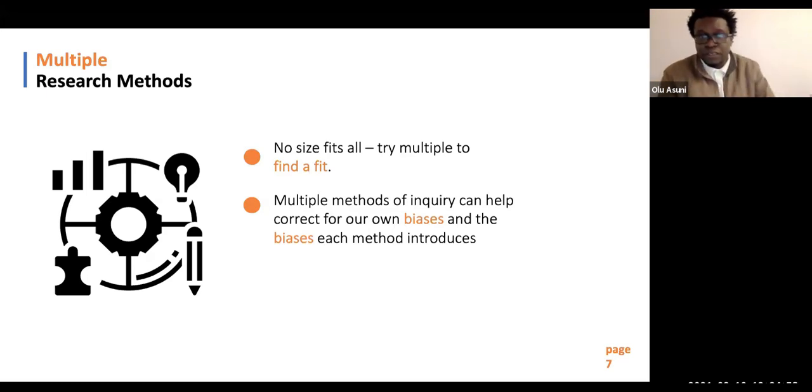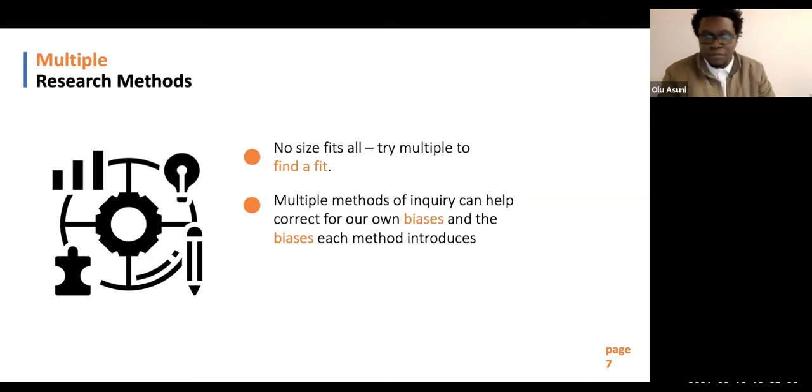There is no single size that fits all when it comes to research methods. So when you are researching your customer needs, consider as many research methods as possible, qualitative, quantitative, and the different subtypes within each broad group.